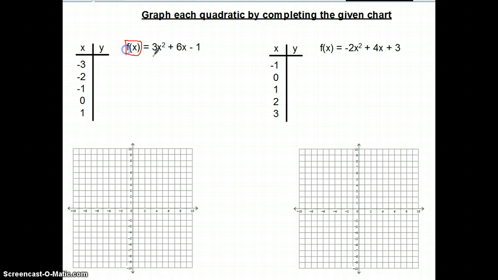Remember, this notation simply means y instead of f of x, just a different way to say y.